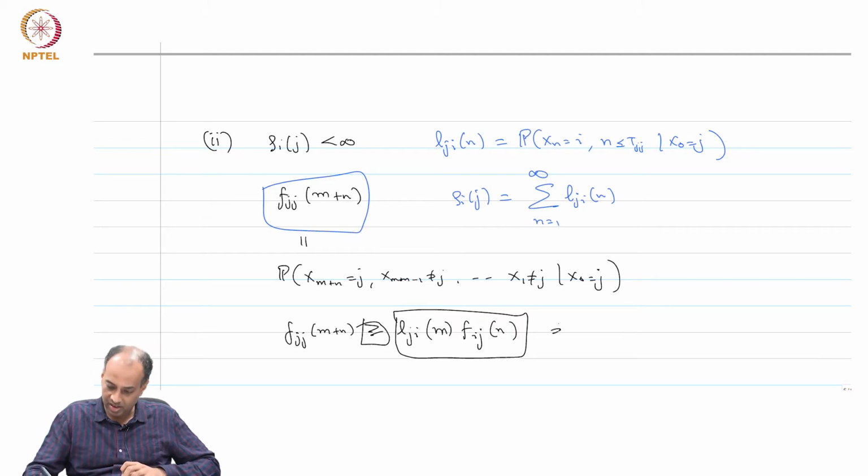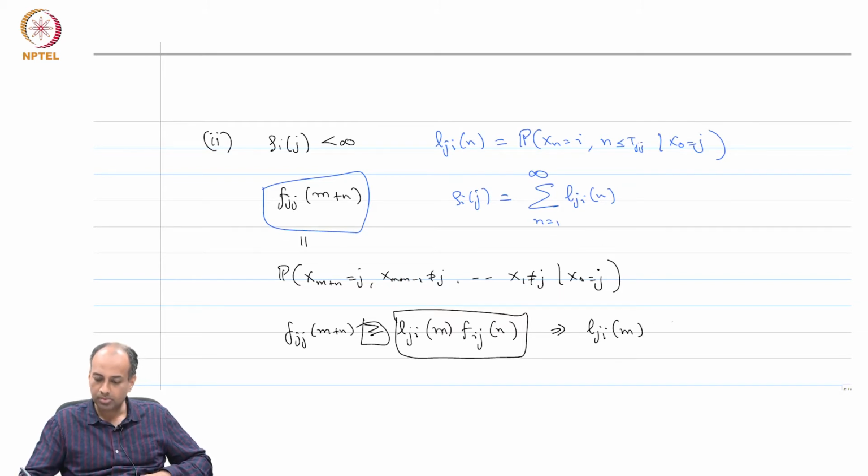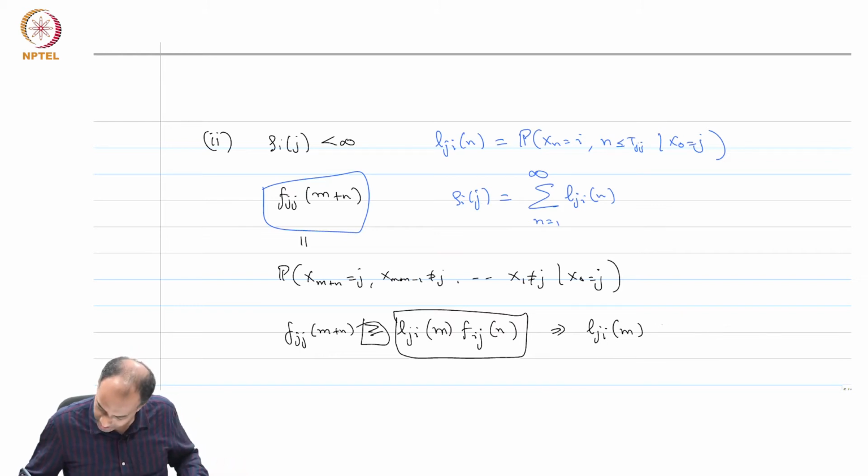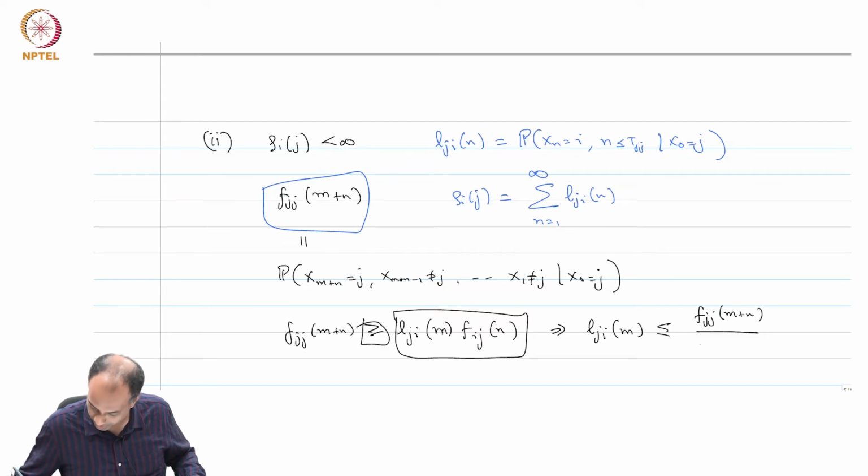So, I can write Lji of m is less than or equal to Fjj of m plus n over Fij of n.